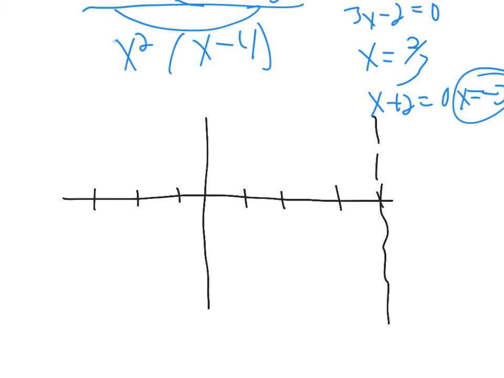I know there's also one here. I know it crosses the x-axis at 2/3. It crosses the x-axis at -2. The horizontal asymptote is y equals 0. Did I say that? Yes.